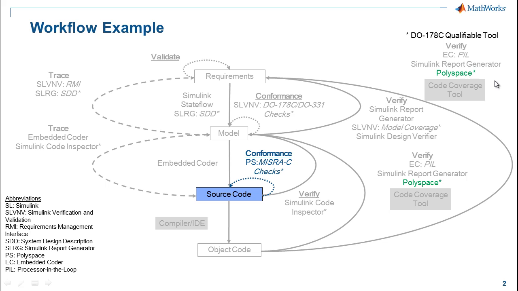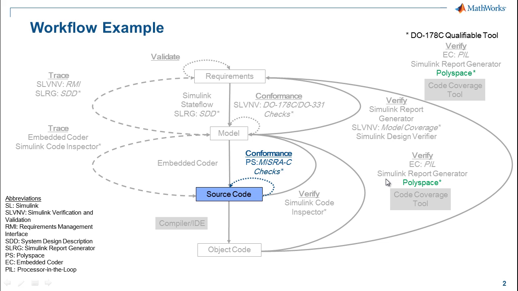This is related to the other aspect of Polyspace. Part of Polyspace is its static analysis capability, and part of that static analysis is static rules checking, which is checking your code against coding rules. The other part is this more formal verification of proving the absence of runtime errors.